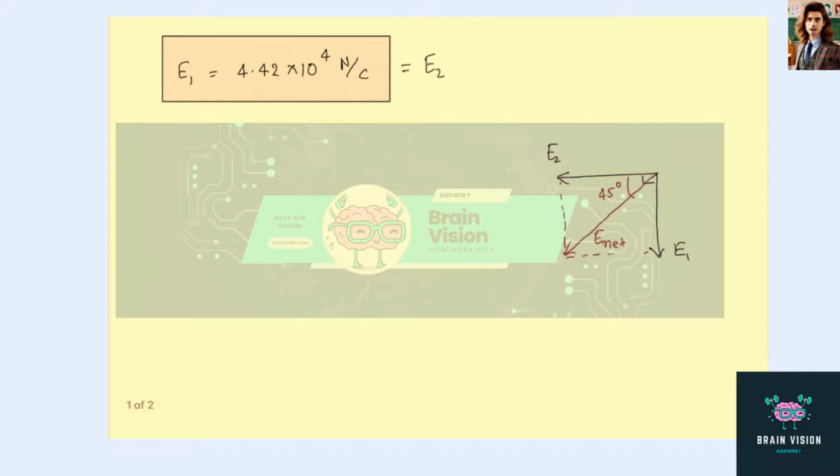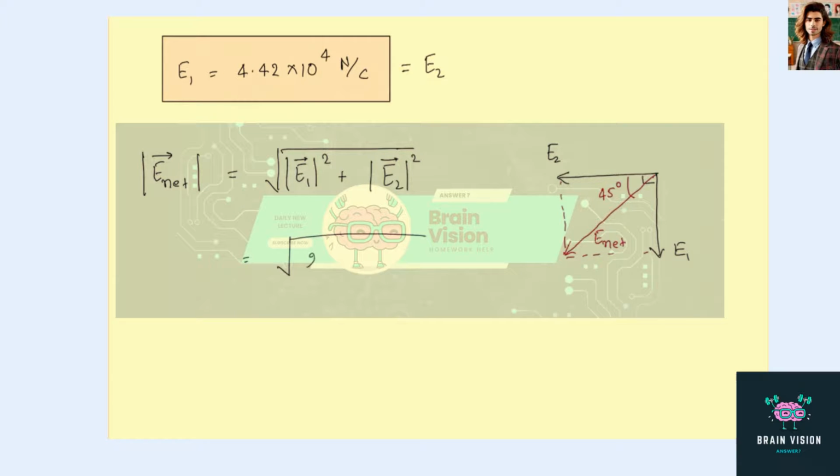Now how to calculate the value of net electric field for two perpendicular fields? So net electric field magnitude will be equals to square root over magnitude of first electric field, that is E1 square, plus magnitude of the second electric field, that is E2 square. Now both of these are equal, so we can write it as 2 times E square. Now what is E?